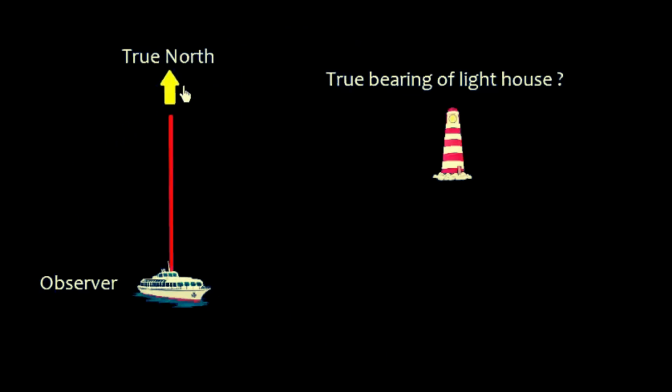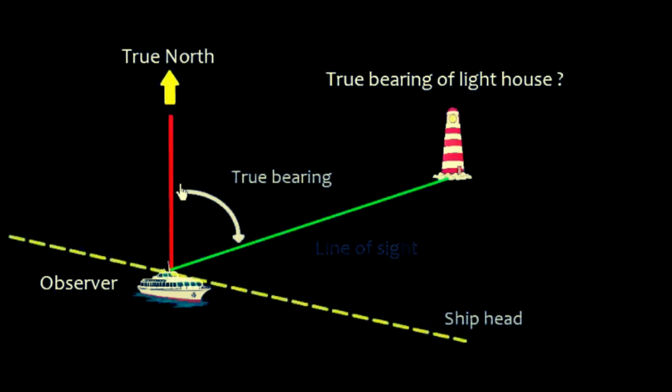Now let us look again. This is true north, this is the observer, this is the object, say a lighthouse, and this is the line of sight. So we can say that this is the true bearing. However, the ship's head is in this direction. So we can say that this angle is a relative bearing.